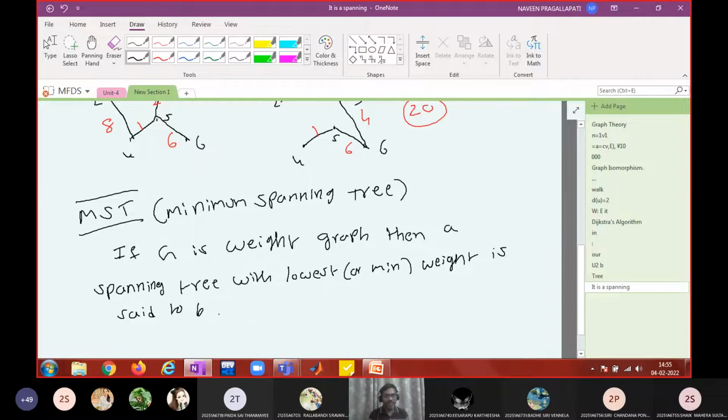There may be more than one, right? It is said to be the minimum spanning tree.